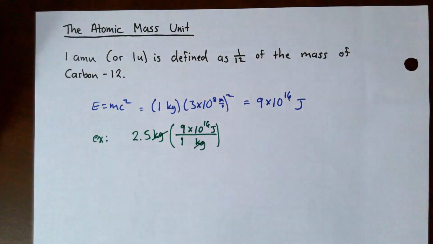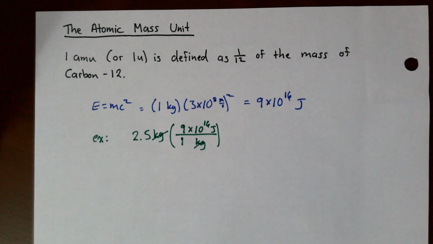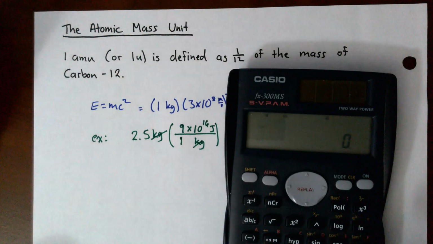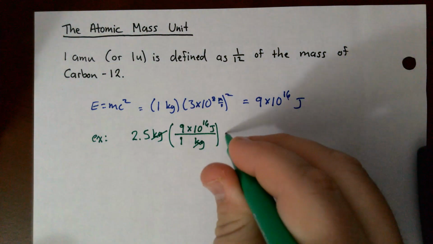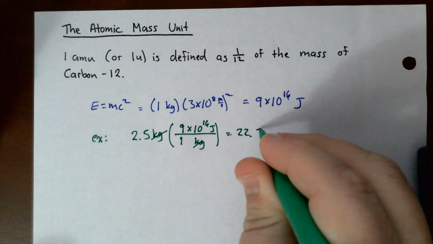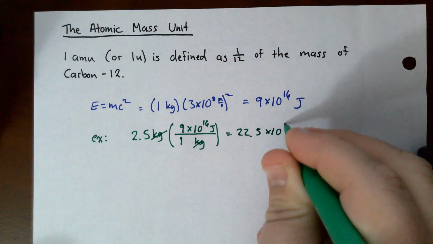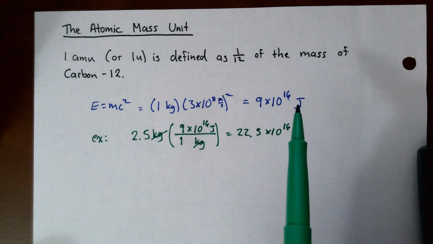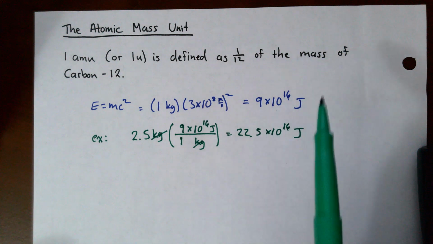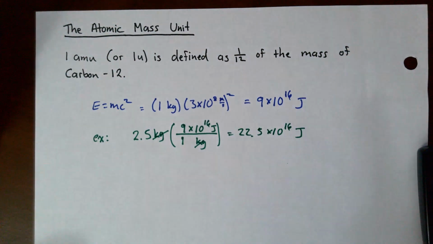That's the correct conversion factor. And then, just doing some quick calculating, you get like 22.5 times 10 to the 16th. And so if we're converting kilograms to energy, we could just use that number as the conversion factor.